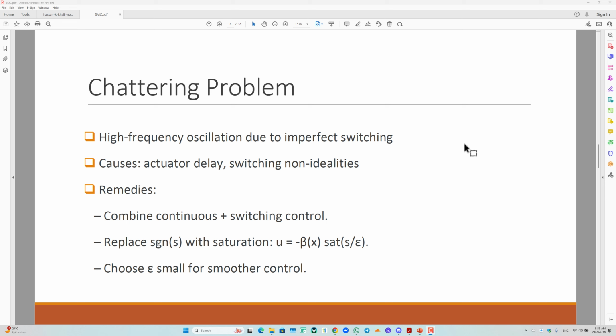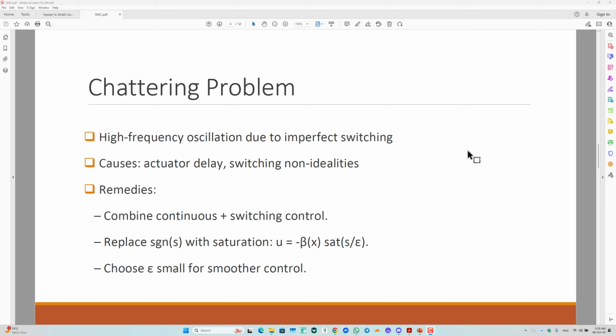For example, for a smooth saturation function, assume u equals minus beta of x sat of s over epsilon, where epsilon is chosen to be small, defined as a thin boundary layer. Inside that layer, the control becomes smoother, greatly reducing chattering at that boundary layer. Okay?